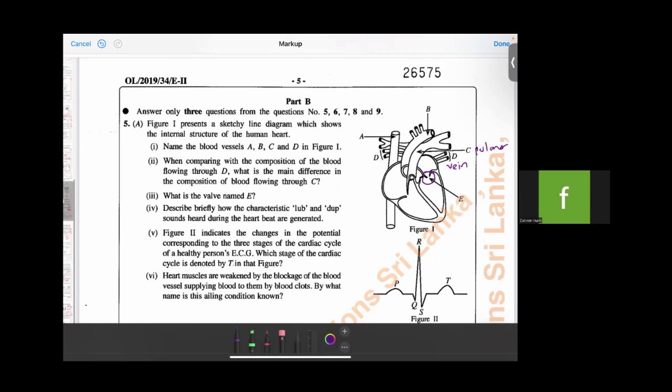And you have to know about QRS and then the T. Heart muscles are weakened by the blockage of blood vessels supplying blood to them by blood clots. What's the condition? Coronary thrombosis. So you have to know about the diseases as well, because in the end of the question they tend to give you the definition, give you the idea, and ask you the name. So you have to know that one.